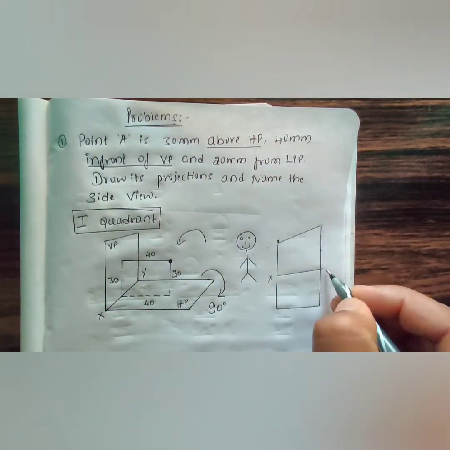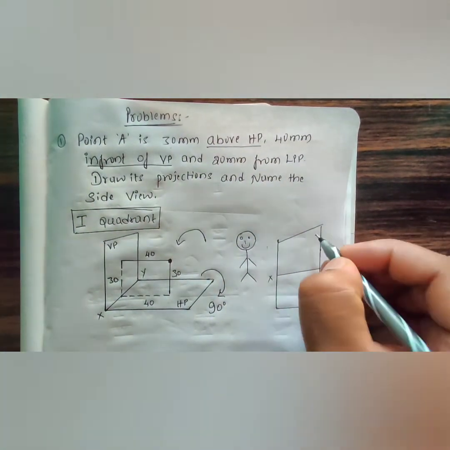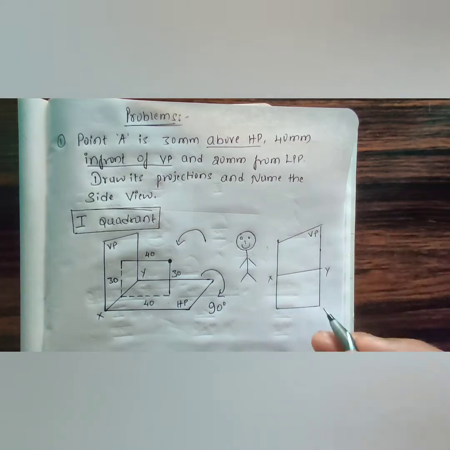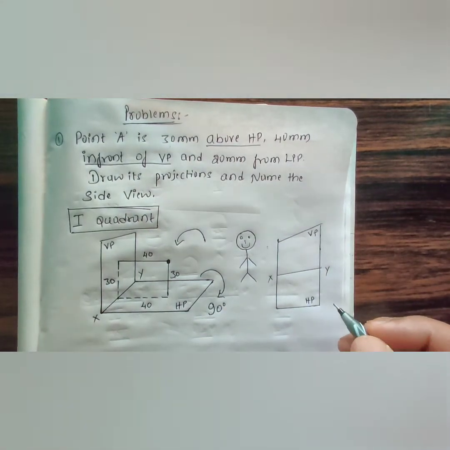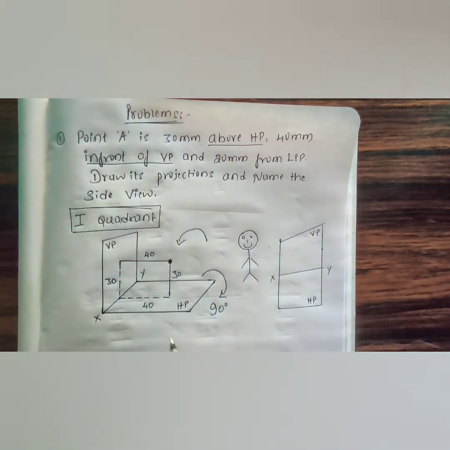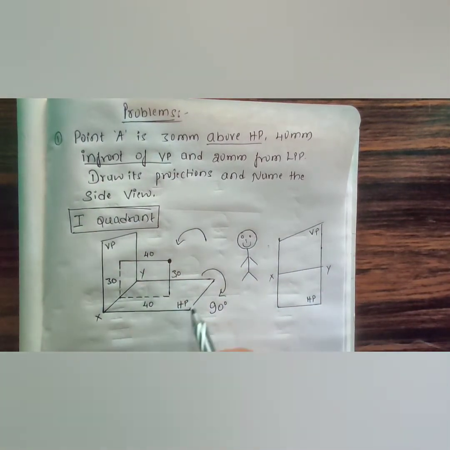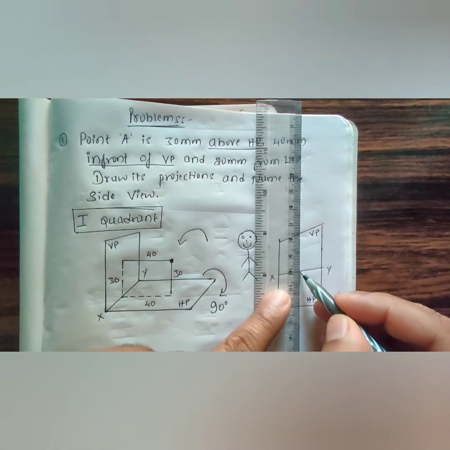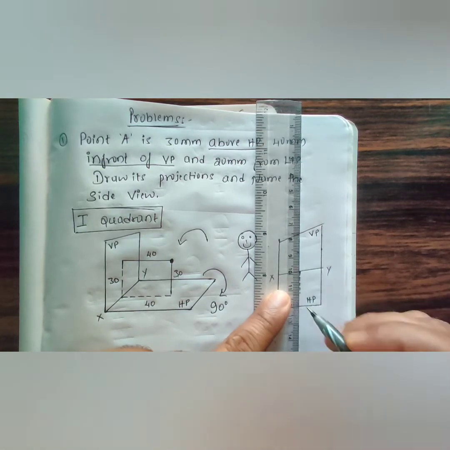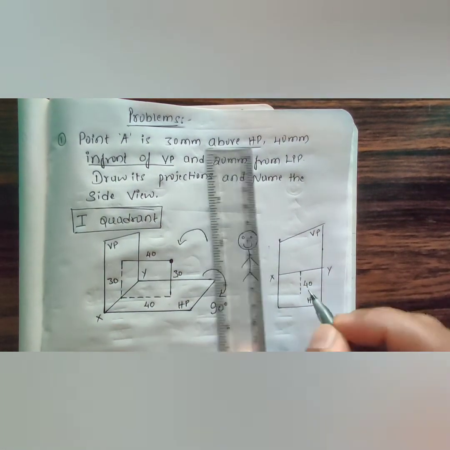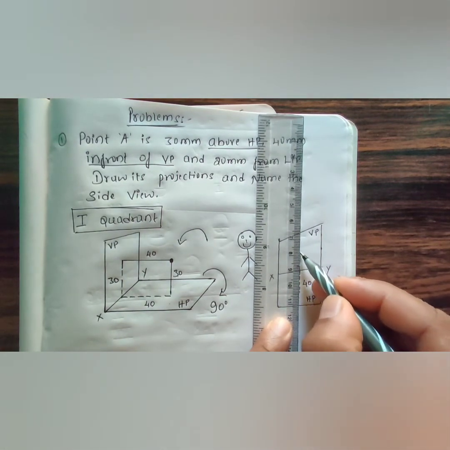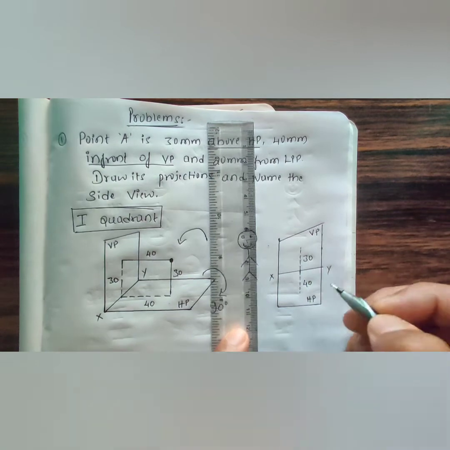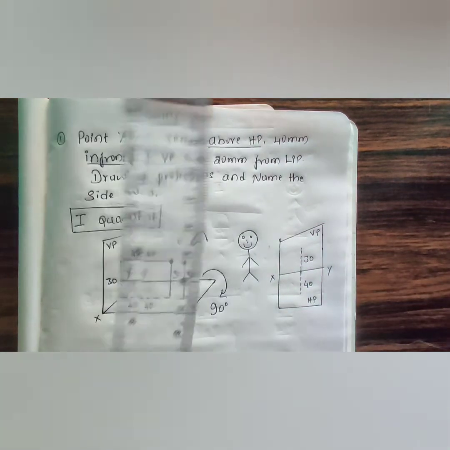So this will be my XY line and VP will be above XY line only. After rotation, HP will come down. Fine. So when HP will come down, even the distance, this 40 distance on HP will also come down from XY line. So this is my 40 distance and the 30 distance will remain above only. So this is my 30 distance which is above XY line.